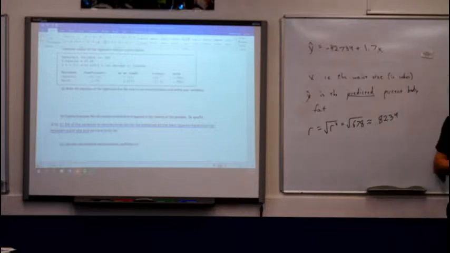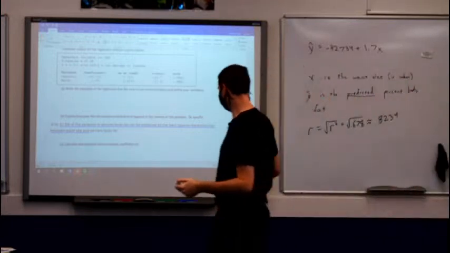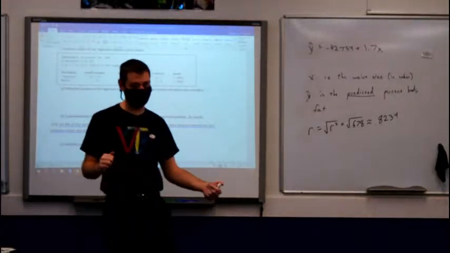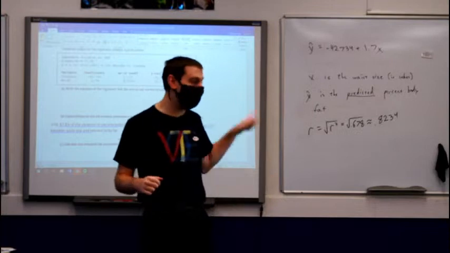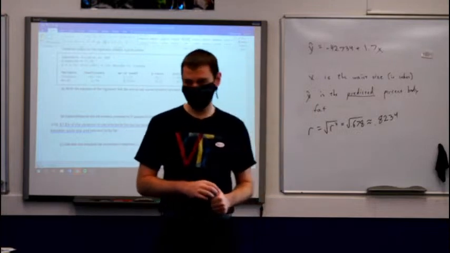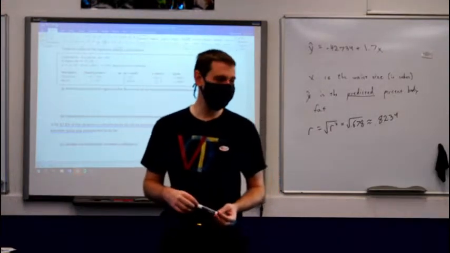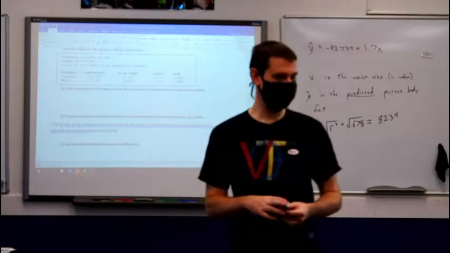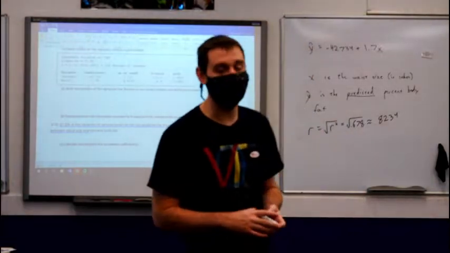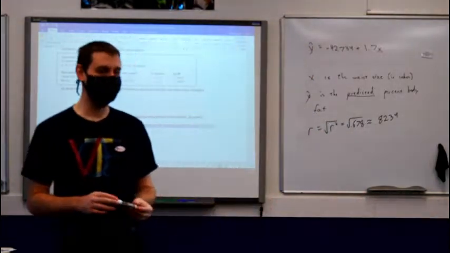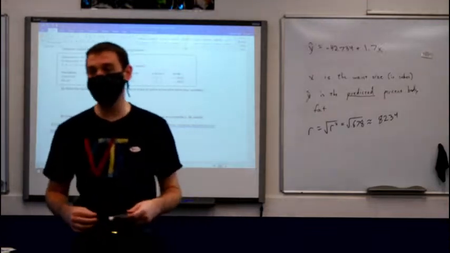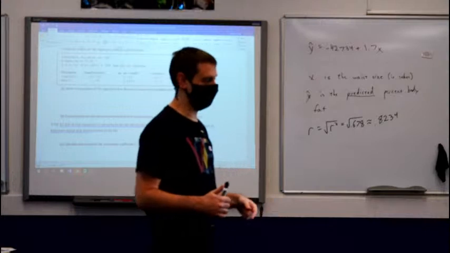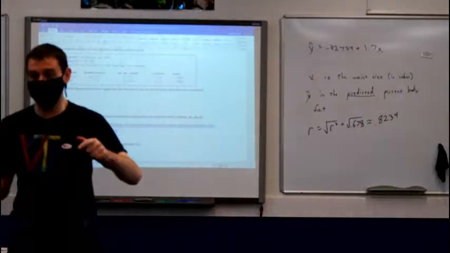So, quick question, because if I take the square root of a number, that could be the positive or the negative version. How do we know whether R here is positive or negative? There is a clue. Well, R squared is always positive, but R could be either positive or negative. What determines whether R is positive or negative? Or rather, if R were positive, what would it tell you?